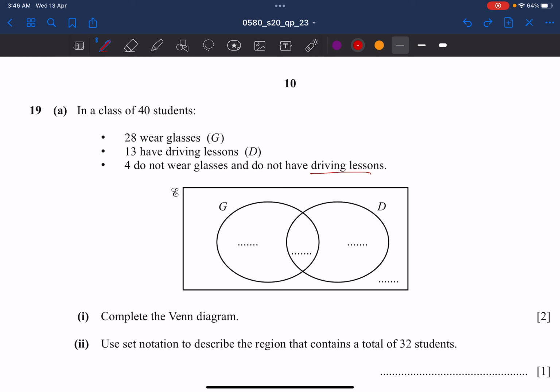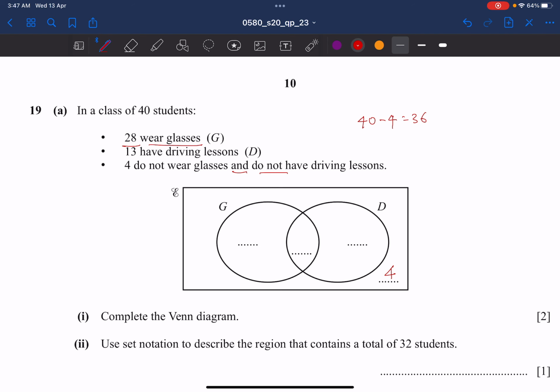Okay, so do not and do not means 2 here, right? So total class we have 40. The total students in the class we have 40. So the remaining students, 38, means that these three numbers should add up to 38.